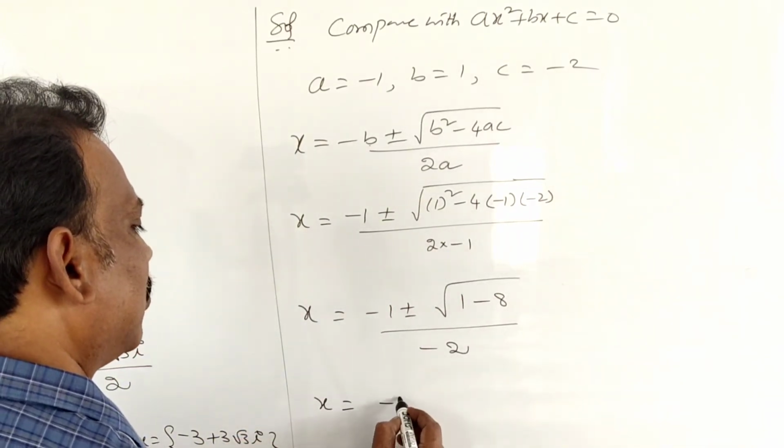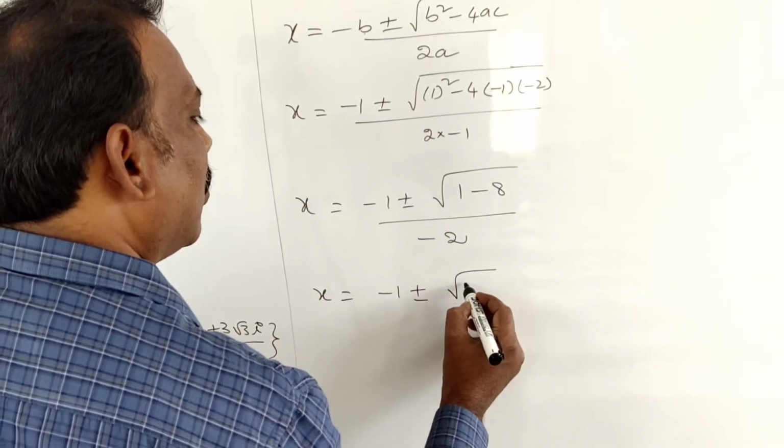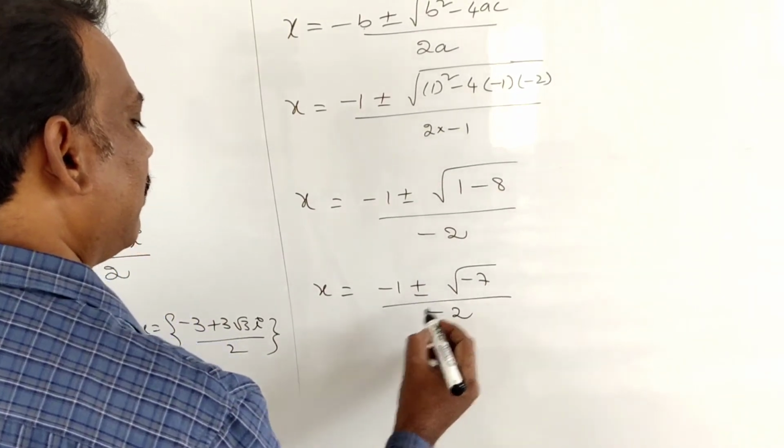So x is equal to minus 1 plus or minus root of minus 7 upon minus 2.